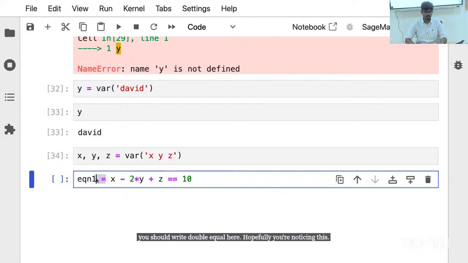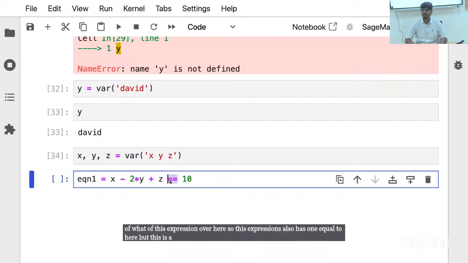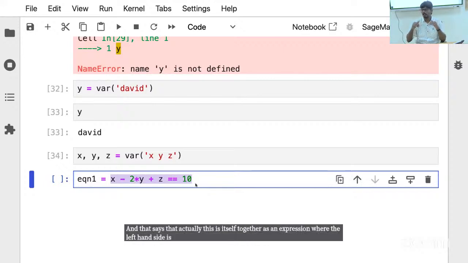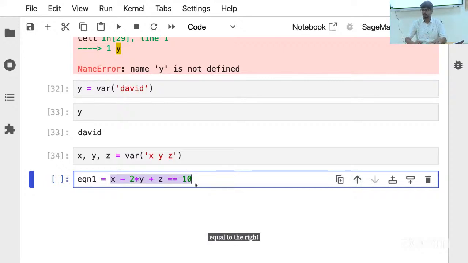This expression also has an equal sign, but it is a double equal instead of a single equal, and that says that this is itself an expression where the left hand side is equal to the right hand side.